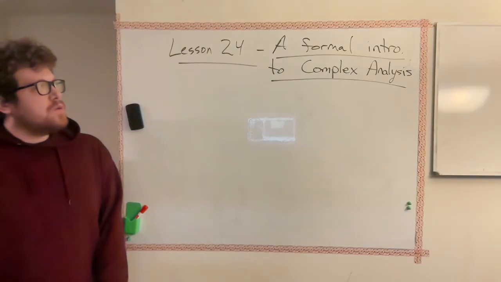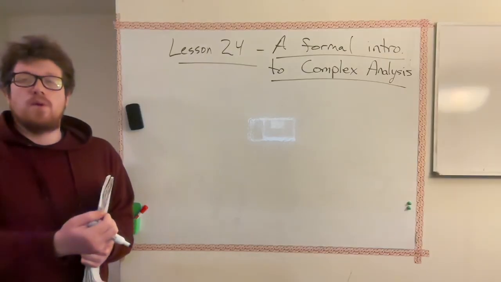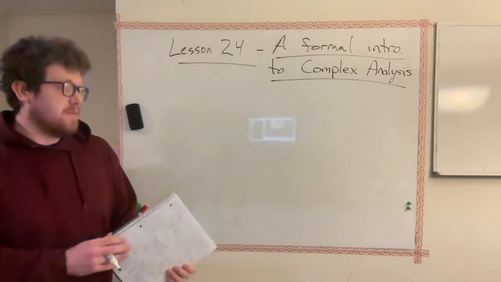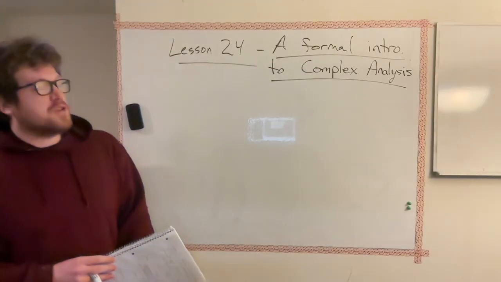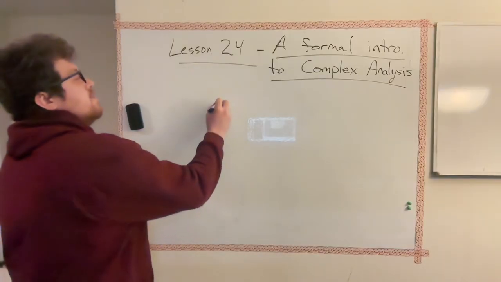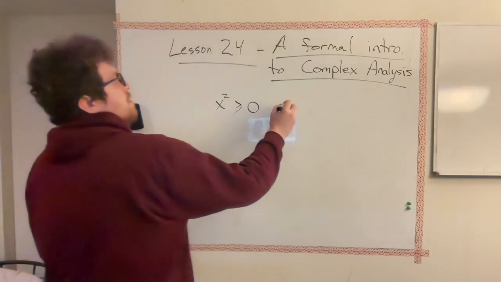Of course, complex analysis arises because we want to include a new number that's a root to a polynomial that before didn't have a root. When we square any real number we get a positive number, so x squared is always greater than or equal to 0 for any real number.